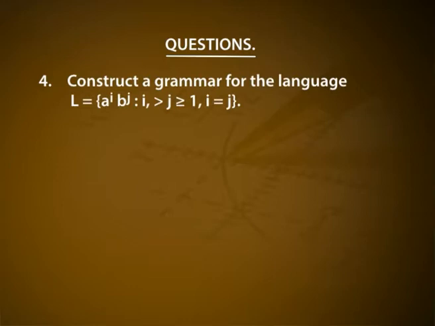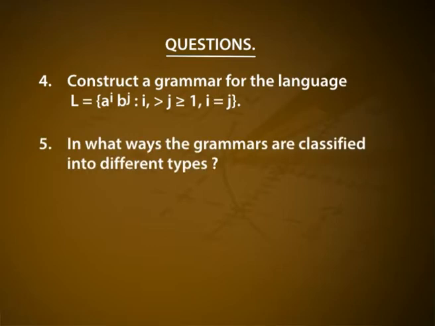Next, construct a grammar for the language L = {a^i b^j such that i, j ≥ 1, i ≠ j}. Next, in what ways are the grammars classified into different types?